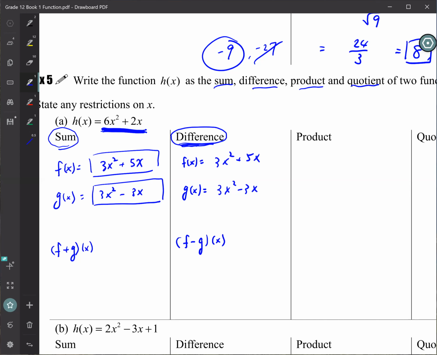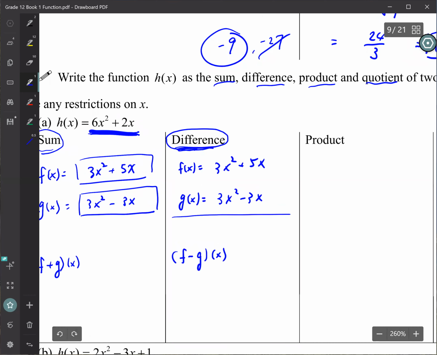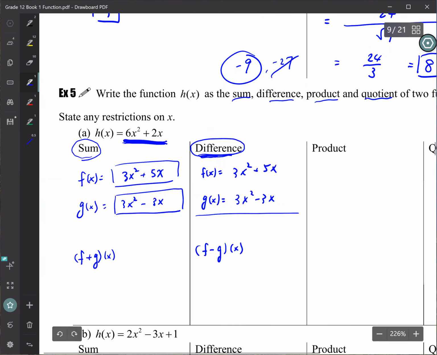Okay, so if you subtract them, what do you get? 8x. Yeah, the 3x squared is gone, right? What are we supposed to get? 8x. We want to get the h. Do you understand the question? Oh, okay, that's my bad. Yeah, we are trying to go backwards, right?